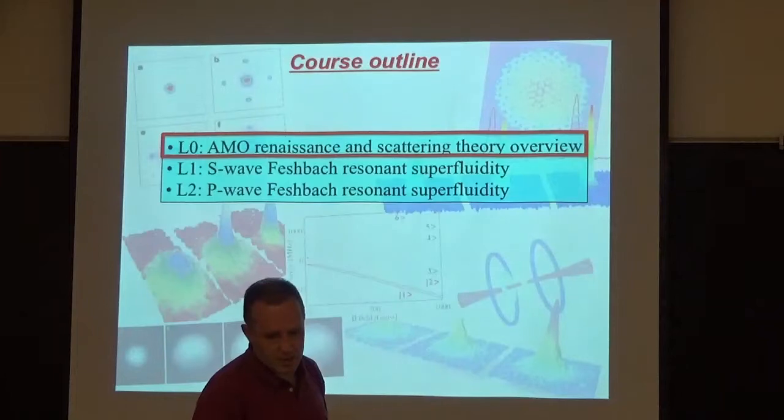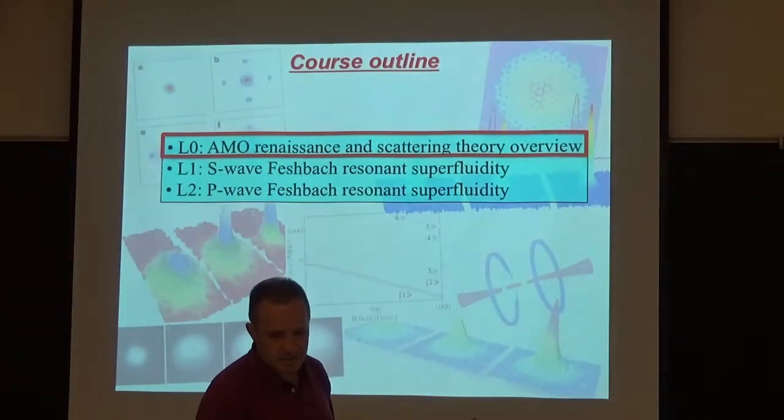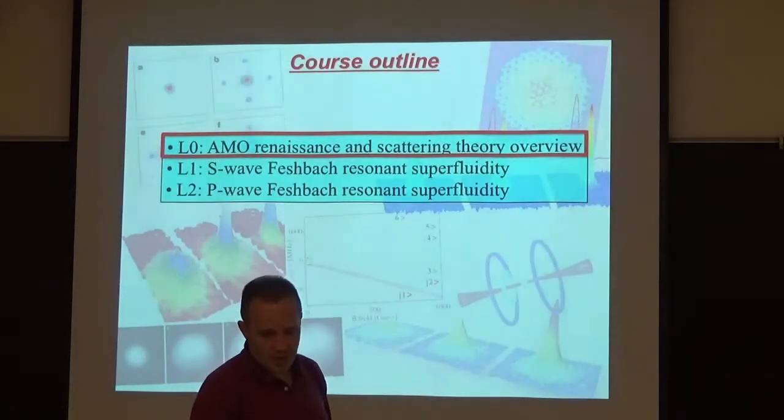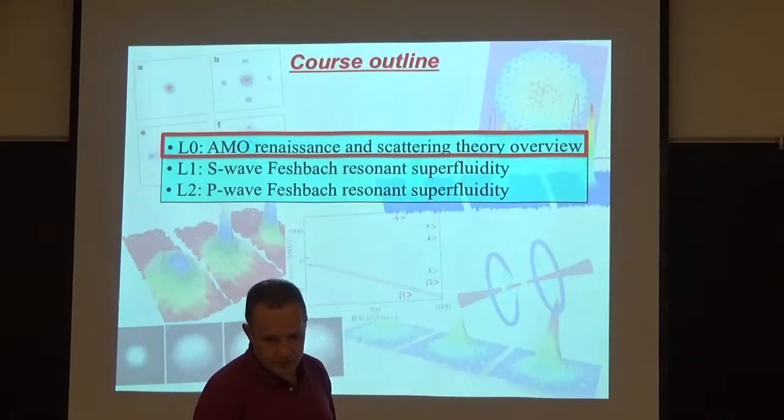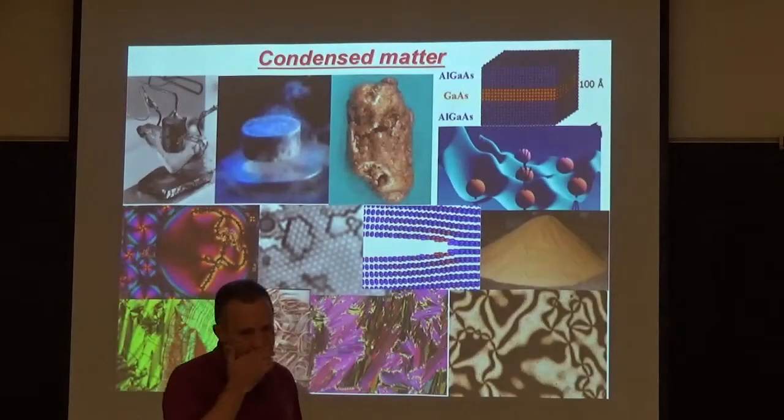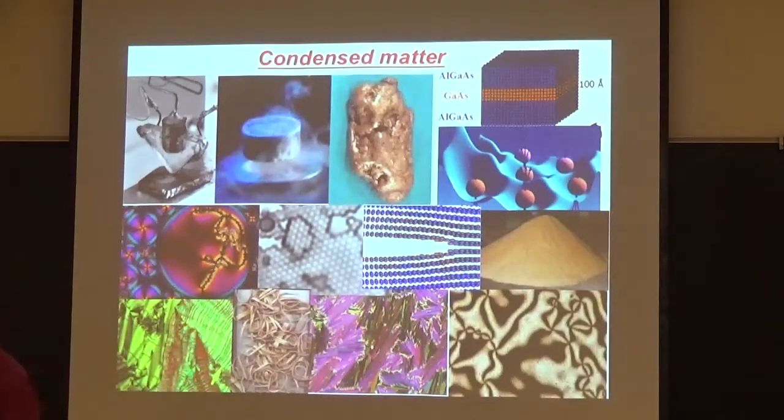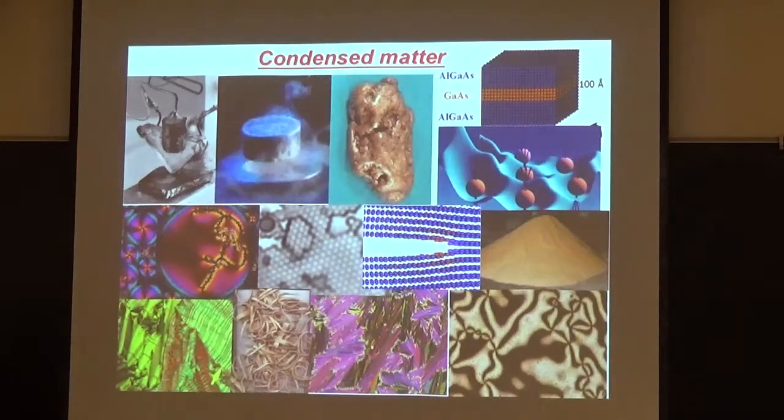Okay, so let me ease into the subject by reminding you of things you probably already have learned, or even if you don't work on the subject, have seen in colloquia, but just give you a little bit of my perspective. One way to summarize the subject of condensed matter physics is to think about what really characterizes this incredibly vast and diverse field.